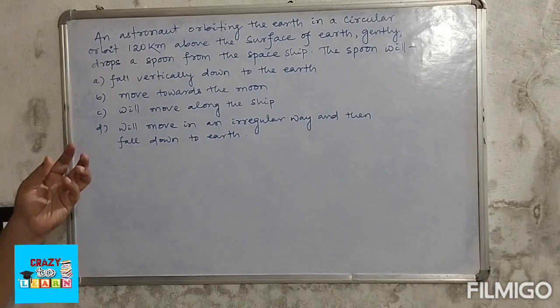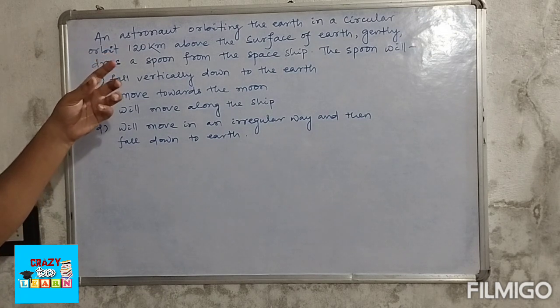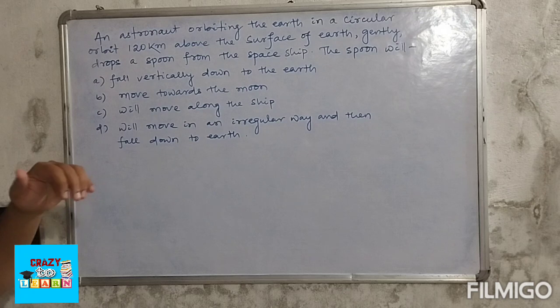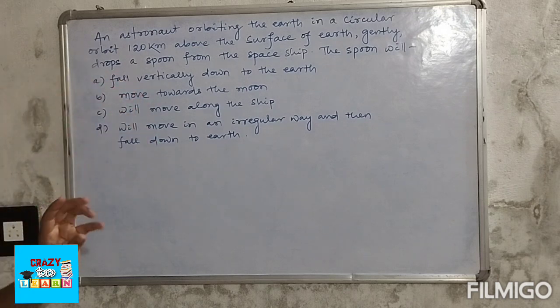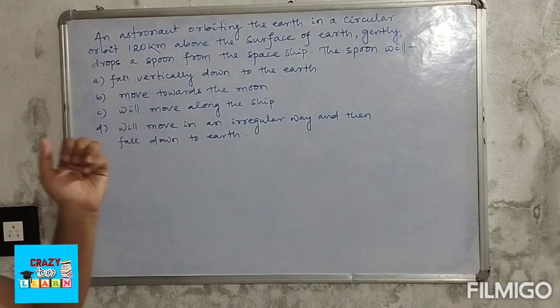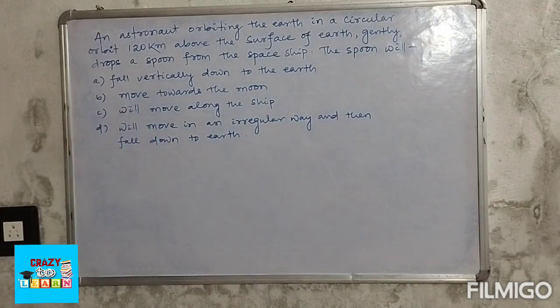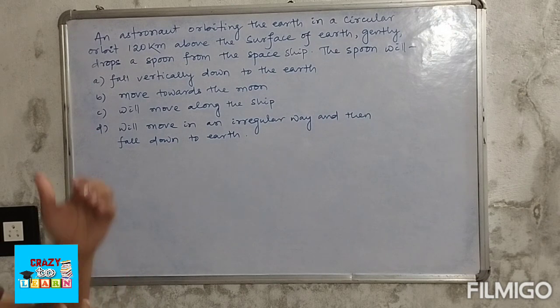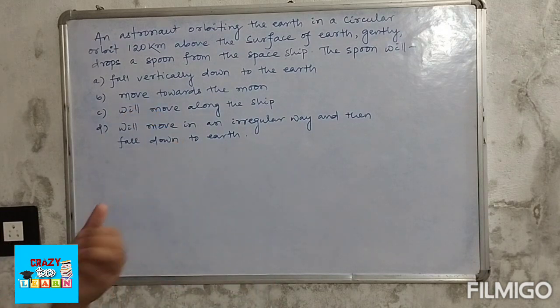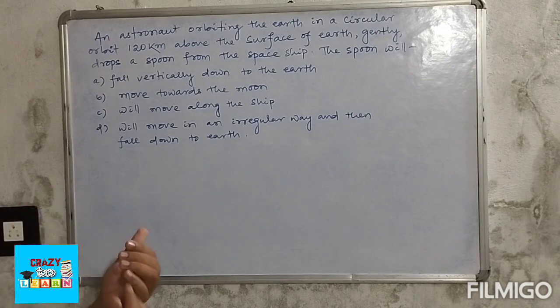So when a spaceship is orbiting around the Earth, some height is given to you. When a spoon or any object is dropped from the spaceship, it acquires the initial velocity of the spaceship.